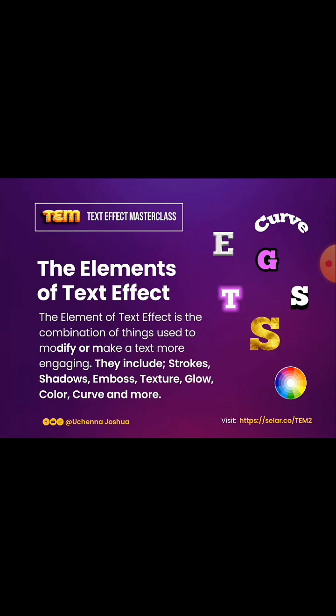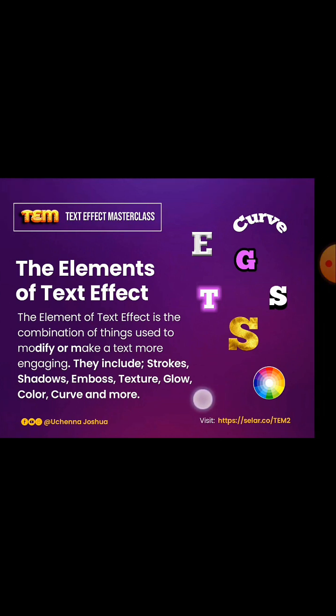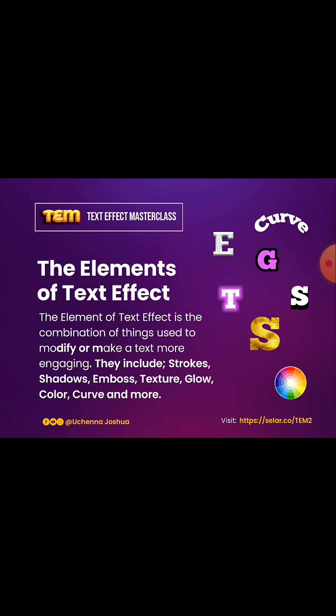Okay, now we'll talk about the elements of text effects. So the elements of text effects are a combination of things used to modify or make a text more engaging. They include strokes, shadows, emboss, texture, glow, color, curve, and more. To easily explain this, we can use food, for instance.